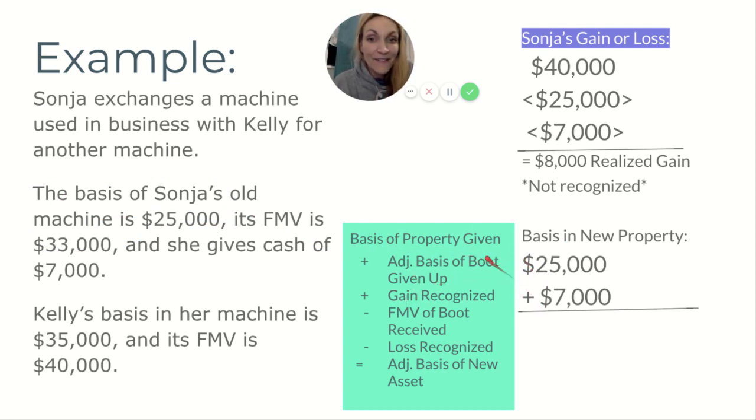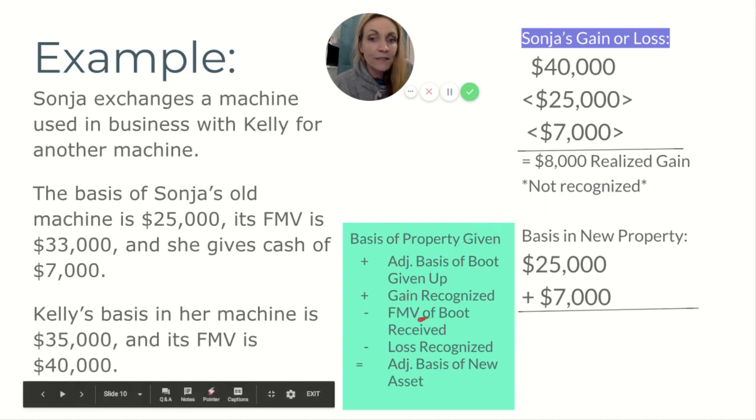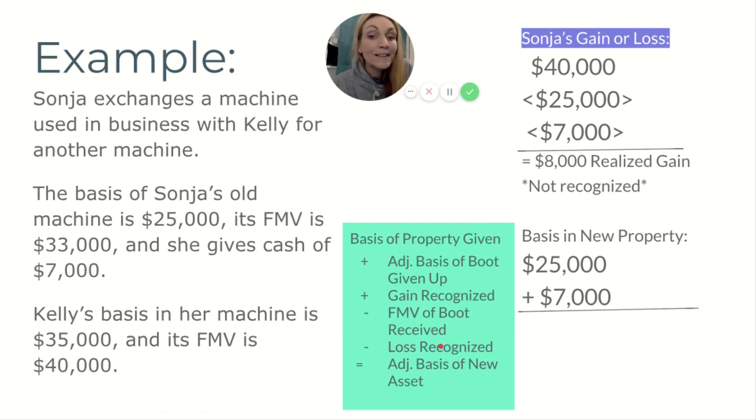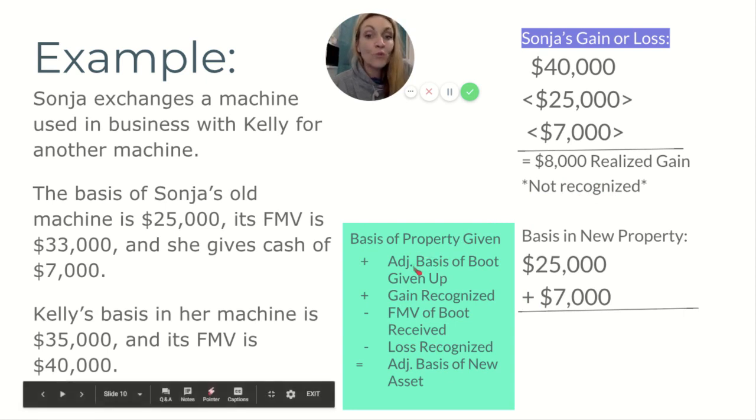That is this 7,000. See what's happening here? Gain recognized. We didn't have any gain recognized. Fair market value of boot received. There was no boot received, only boot she gave. Loss recognized, there was no loss. That equals our adjusted basis of 32,000. So that's for Sonja.